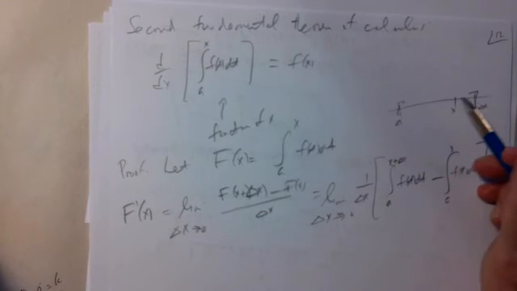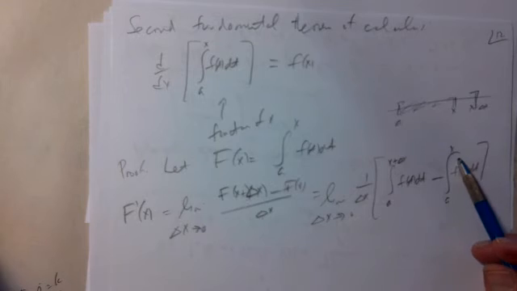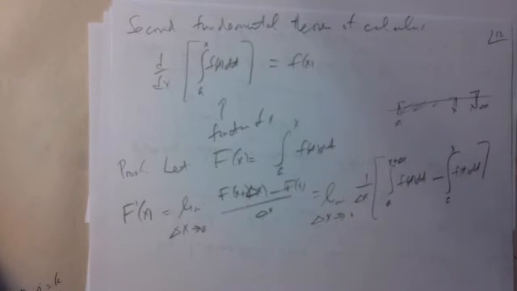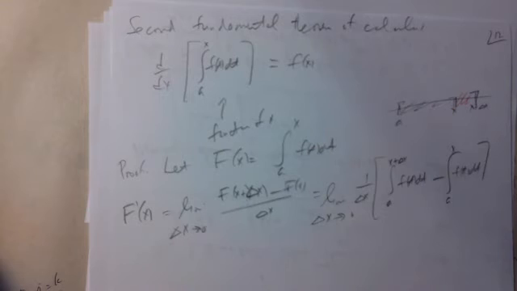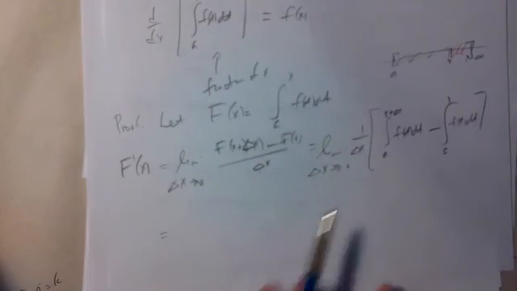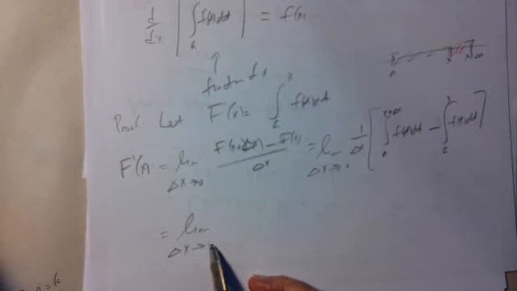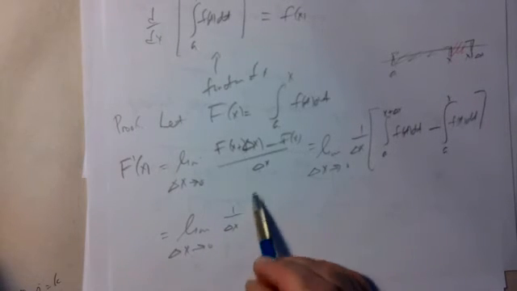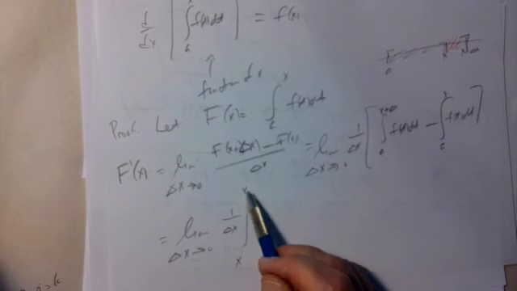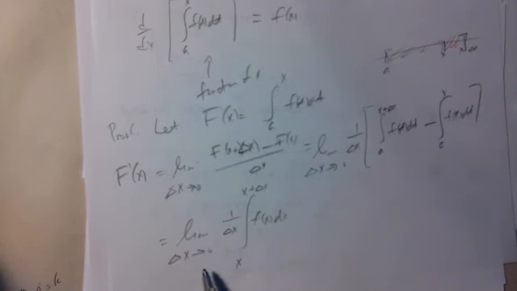If we take this big interval and subtract off the integral just from a to x, we're left with just this. This is the limit as delta x goes to 0 of 1 over delta x, the integral from x to x plus delta x of f of t dt.